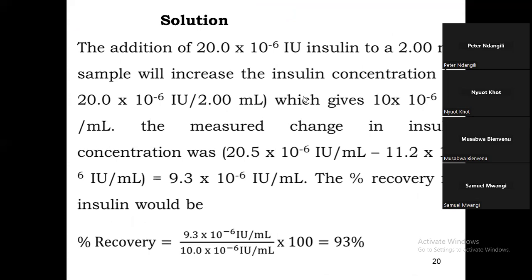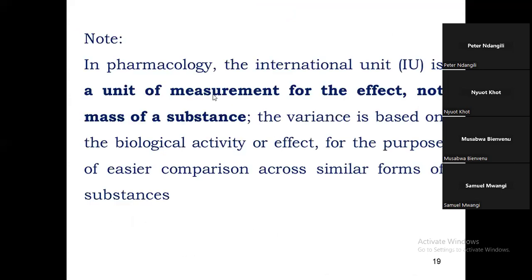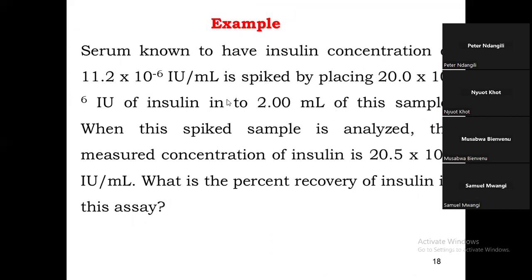In this particular case, you are given a sample, and this particular sample has some concentration of insulin. And this is the concentration of insulin that is found in that particular sample.